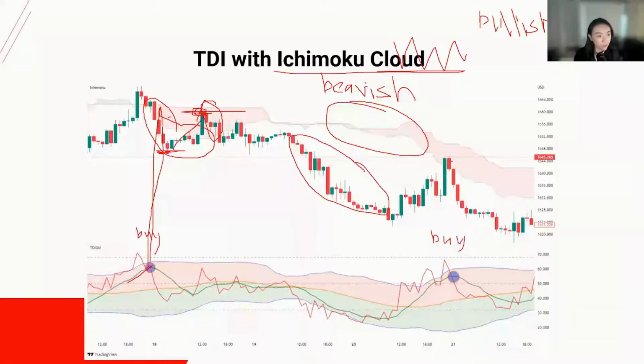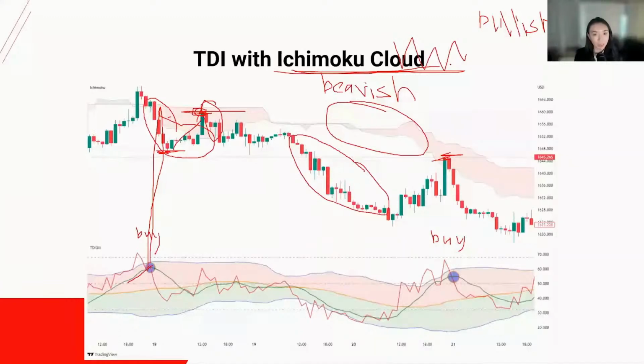But now I feel, okay, the price is within Ichimoku, and I don't like to trade when the price is within Ichimoku. So I may just wait and hold until a further signal. So that is how we use Ichimoku to help us enter the trade.